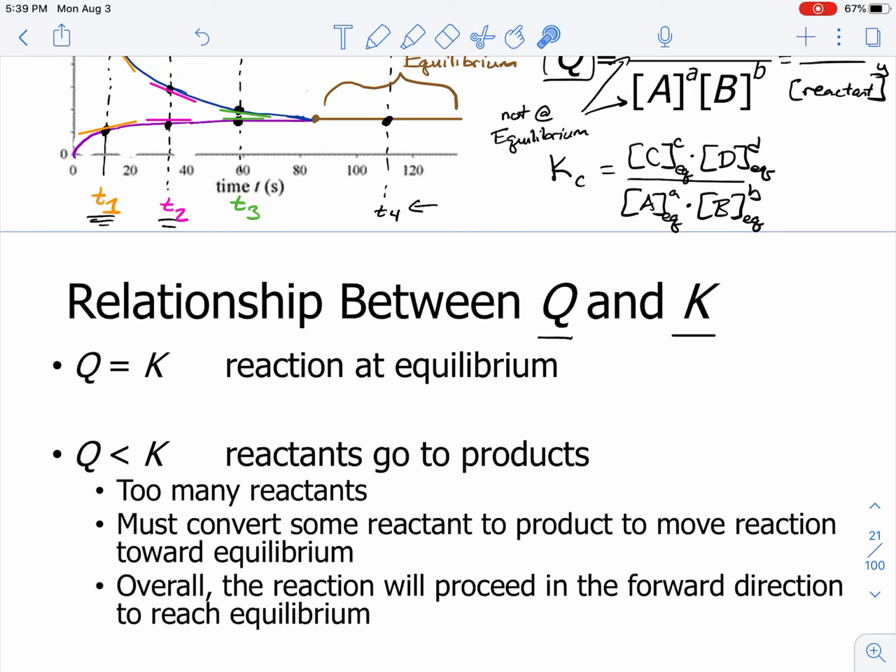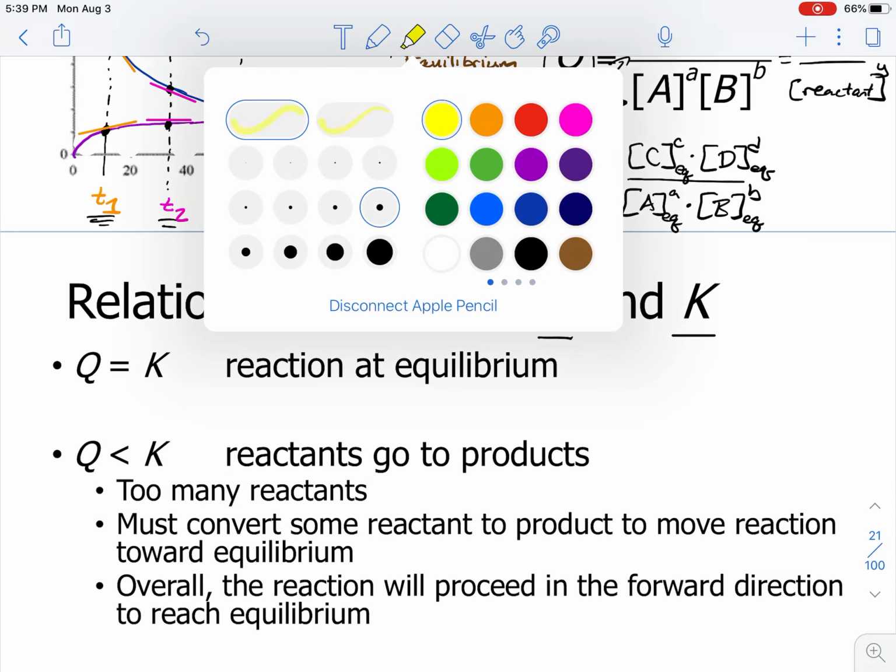And for the system to move towards equilibrium, reactants must be converted to products. The only way for reactants to be converted to products is to move in the forward direction. And so it is moving in the forward direction that will allow that specific chemical system to achieve a state of equilibrium.